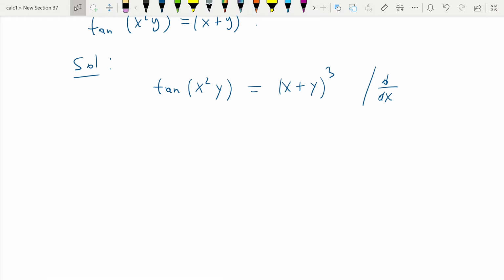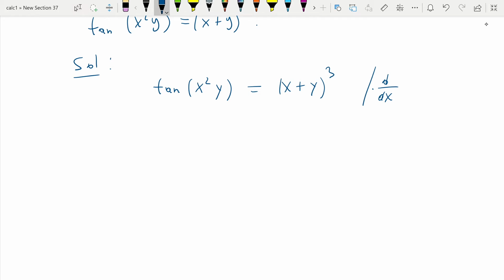Again, the same warning applies here. I'm taking the derivative with respect to x on both sides. If you remember the warning from last time, this means I'm taking the derivative with respect to x, not with respect to y. So whenever you see a y, the derivative of y is not 1. We're differentiating with respect to x.